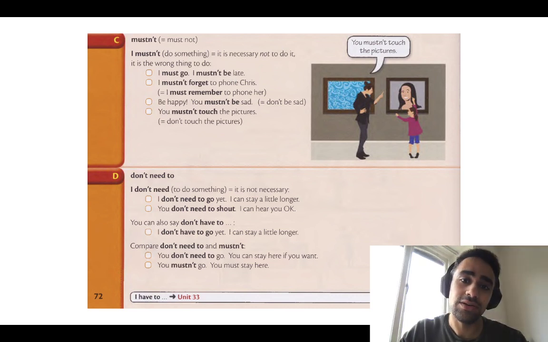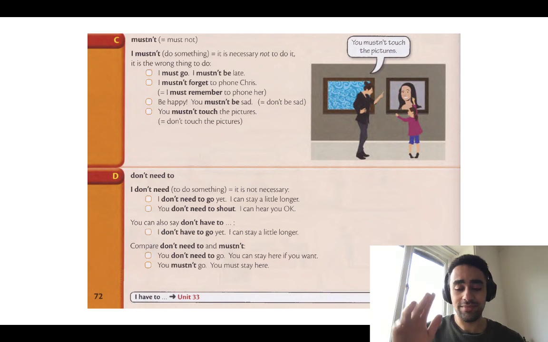This basically means it's not necessary to be late. What? Anyway. I mustn't forget to phone Chris means, oh, sorry, my mistake. In this case, mustn't, I made a mistake.